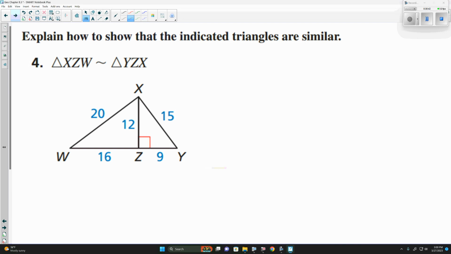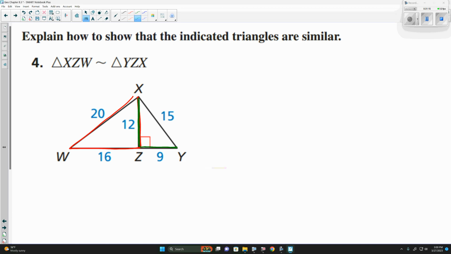I think we have one more here and we're done, yes? Okay, so looking at this here, XZW, let's try that again, XZW, this triangle is similar to YZX.